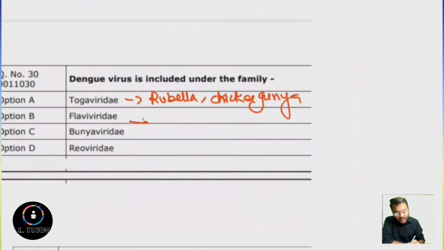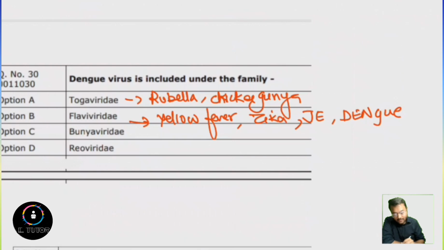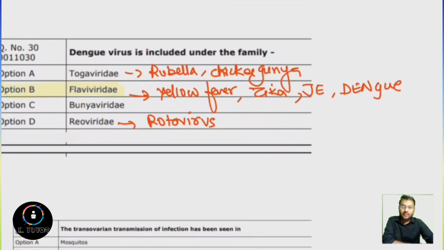In Flaviviridae, yellow fever, Zika, Japanese encephalitis, and dengue will be there. So answer will be option number B, Flaviviridae. And Reoviridae includes rotavirus. Answer will be option number B, Flaviviridae.